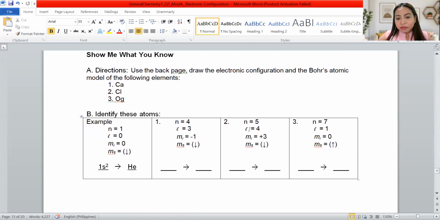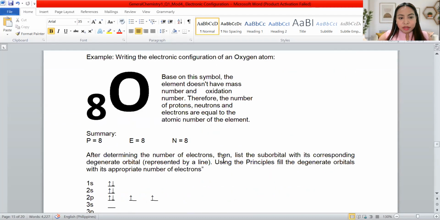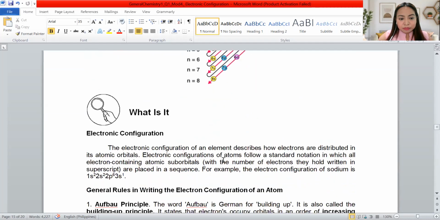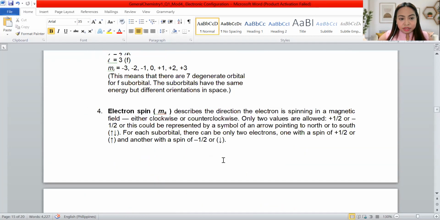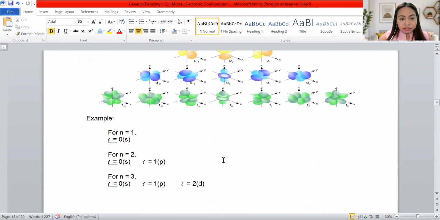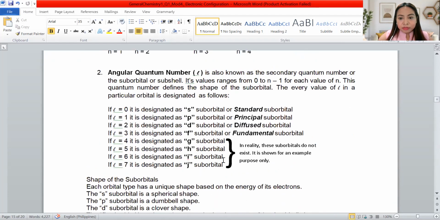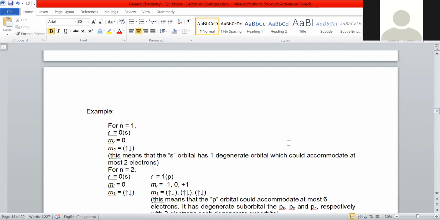The value of L, the angular quantum number, is from 0 to n minus 1.